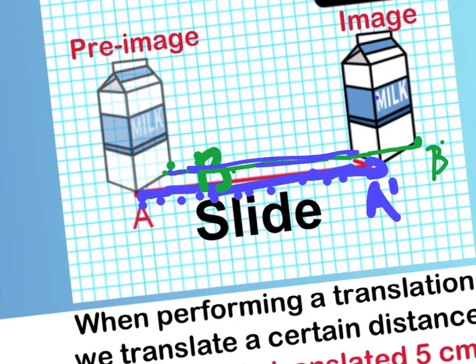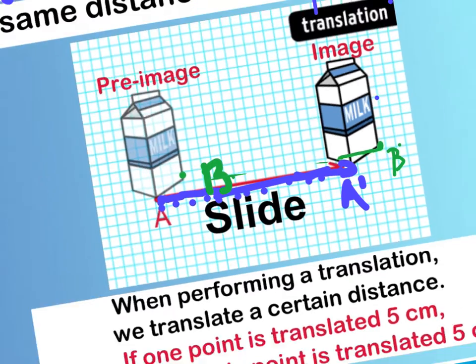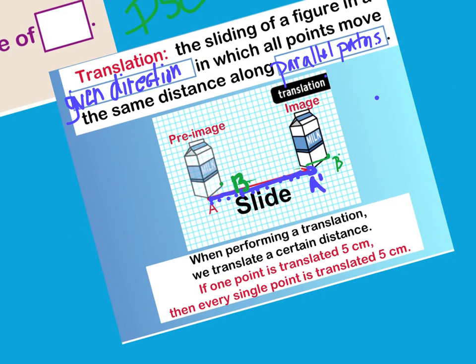And those points are not corresponding. You have to slide it all the way to the corresponding spot. And it's going to be the same exact number of spaces that you slide it when you make a translation. So if one point is translated 5 centimeters, every single point will be translated 5 centimeters.